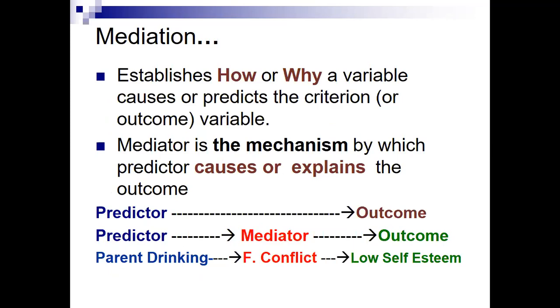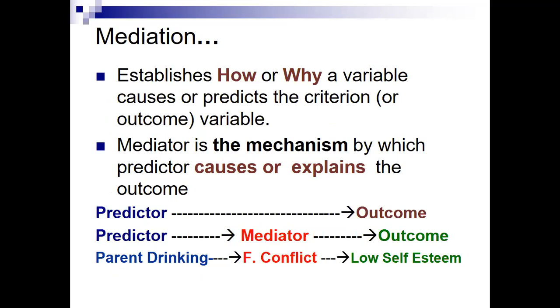So we're saying mediation establishes how or why a variable causes or predicts the criterion variable. We will see some specific examples as we go. So a mediator is the mechanism by which the predictor causes or explains the outcome.